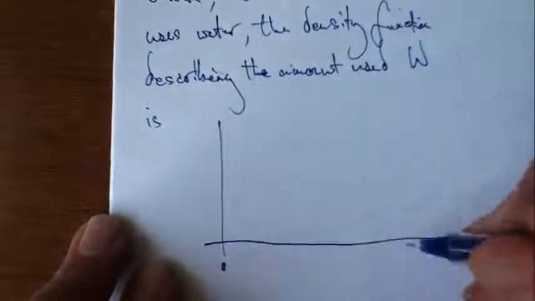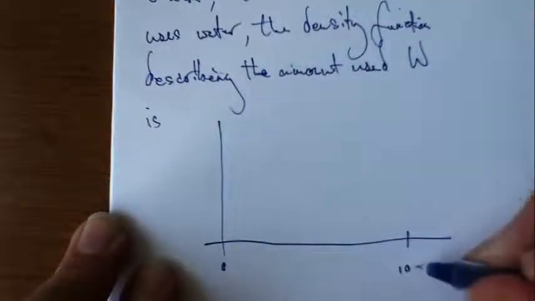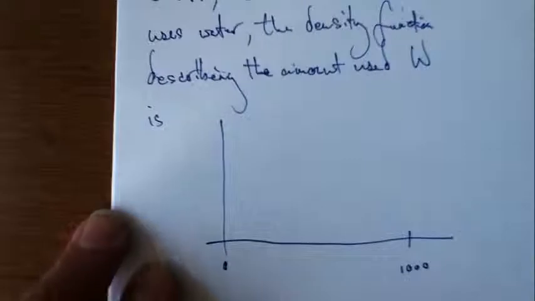From 0 up to, say, 1,000 gallons. So they can't use more than 1,000 gallons for some reason.